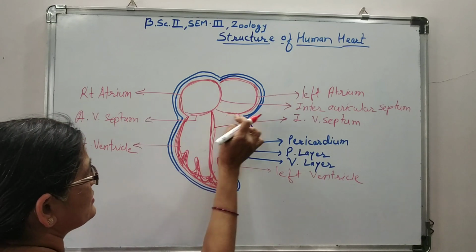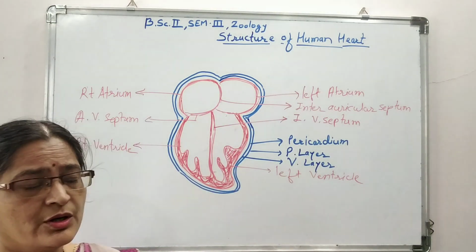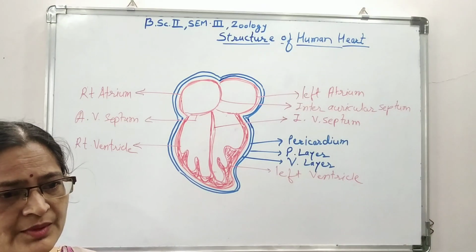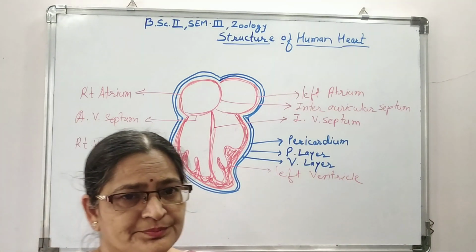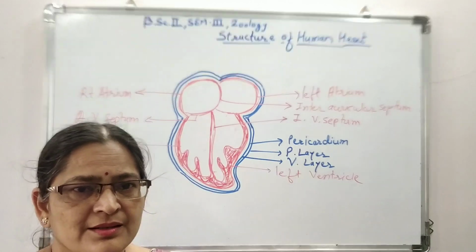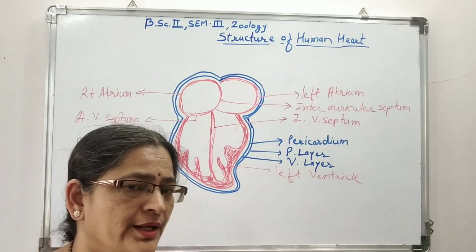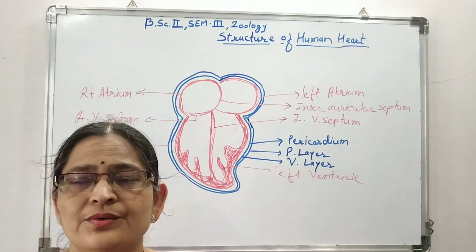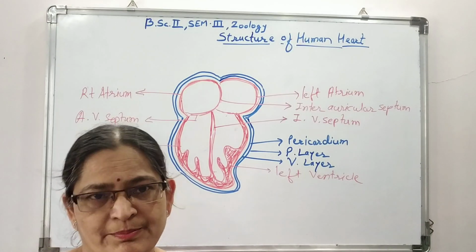This is the transverse septum or partition in between the auricle and ventricle. Now see the openings of the auricle and ventricle. Before going to that, we have to see the blood supply to the heart.